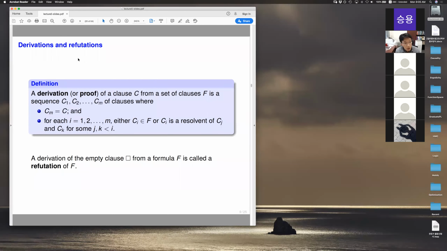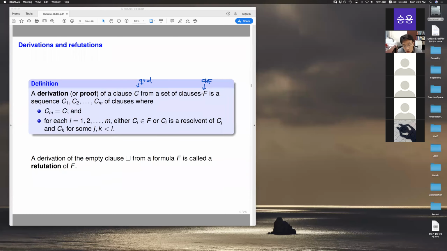So a derivation or proof in the resolution proof system of a clause C from a set of clauses F. This F is a given CNF formula, and we want to derive C. This is, in a sense, our goal in the derivation. We want to conclude C, or derive C from F.